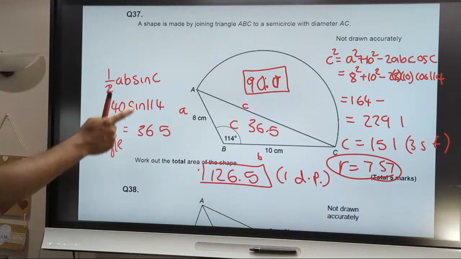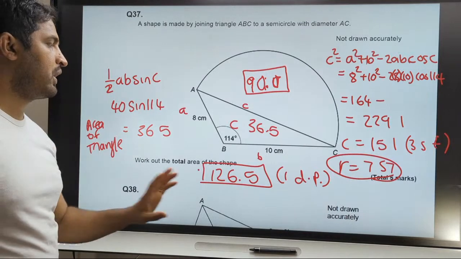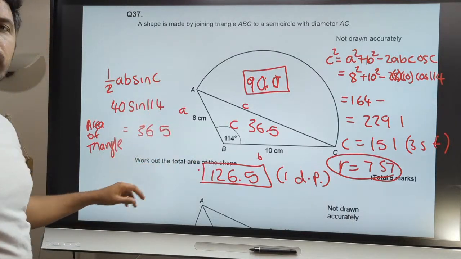Long-winded question, but remember it was a 5 marker, so we can't just say you will get that 5 marker easily. The question is allowing you to write anything from 125.99 to 126.572. As long as your answers are within that, you will get full 5 marks.